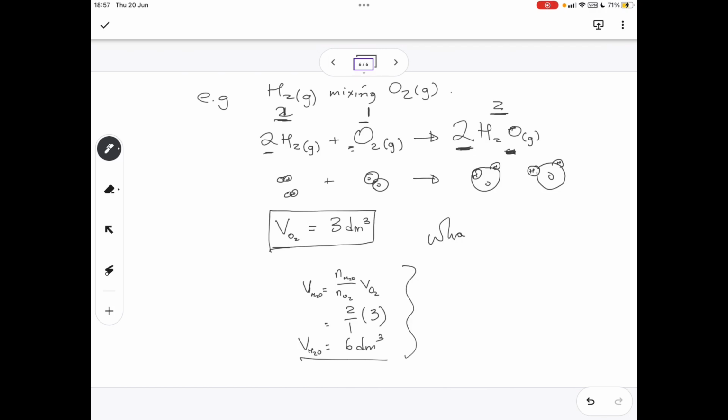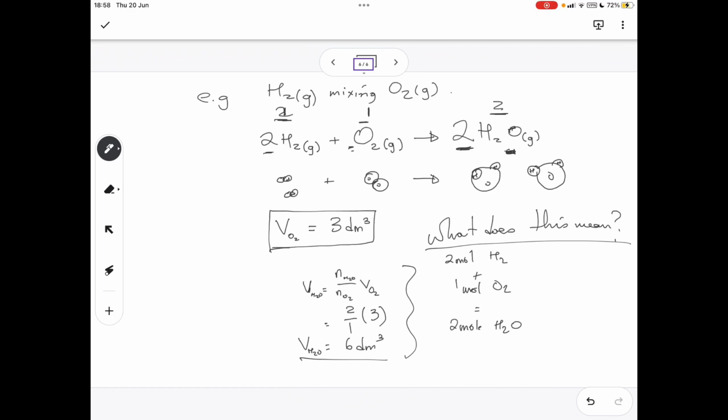But how do we interpret this? What does this mean? What it means is that 2 moles of hydrogen react with 1 mole of oxygen, and this gives us 2 moles of H2O.